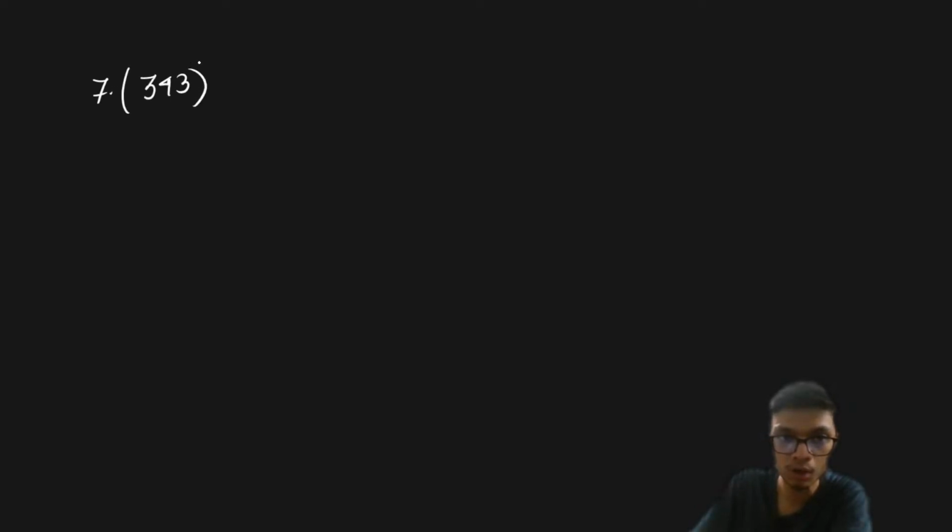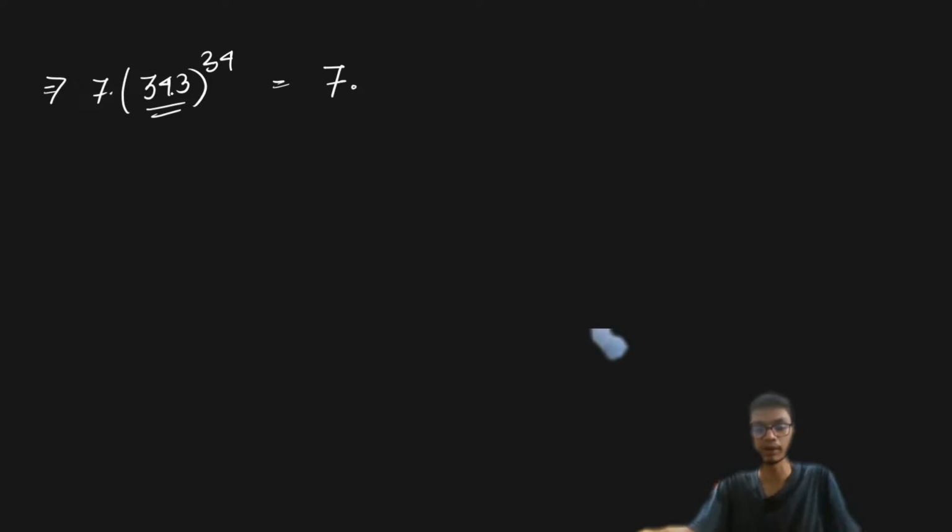Now I will try to express this number, 7 into 343 whole raised to the power 34, such that inside, this number 343, I make it some number plus or minus some smaller number, such that the number I'm trying to write is divisible by 23, right?